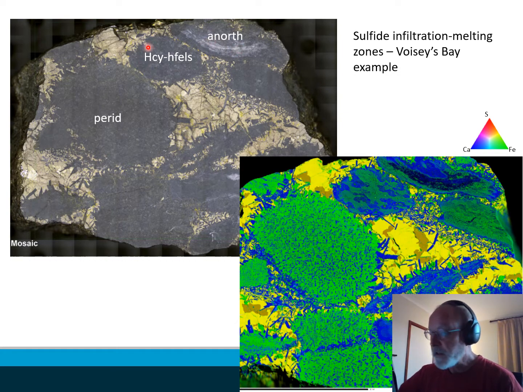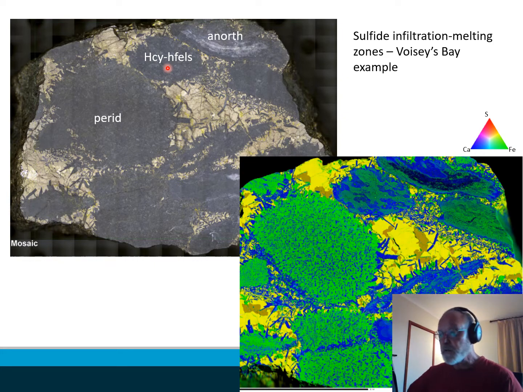And this thing here is a hercynite hornfels. This is a rock which is made of calcic plagioclase, hercynite, which is basically a pure iron aluminium spinel. And this rock originally had in it a lot of corundum, which has since been replaced by hercynite.